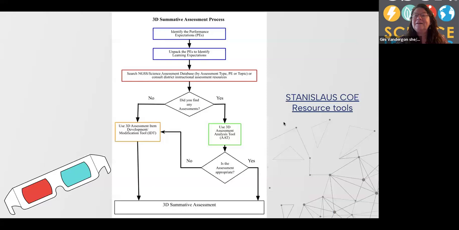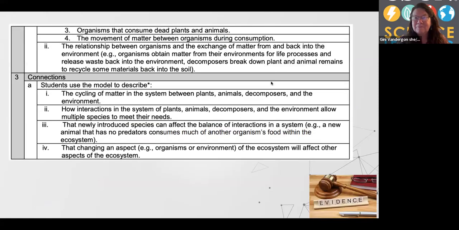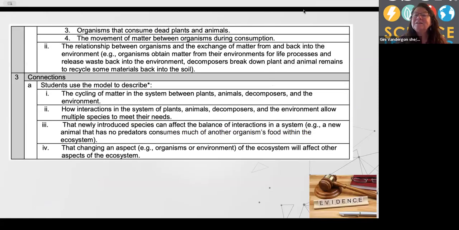So I hope it's very clear that we looked at an assessment that did a pretty good job of addressing what students should know by the end of a lesson sequence that's addressing that performance expectation.